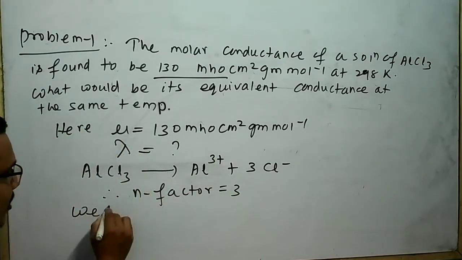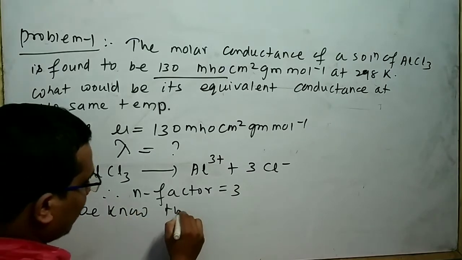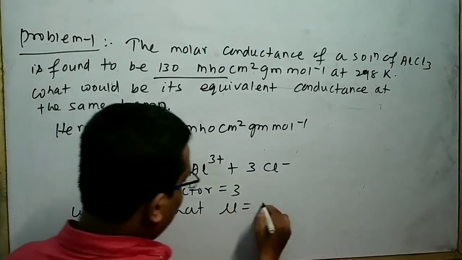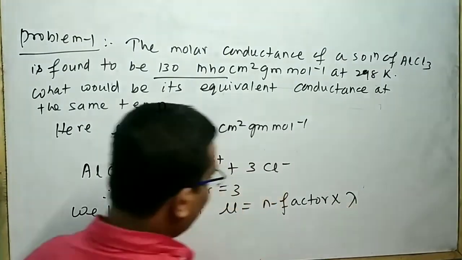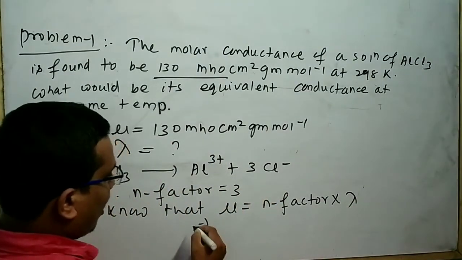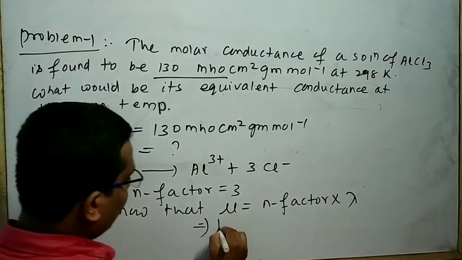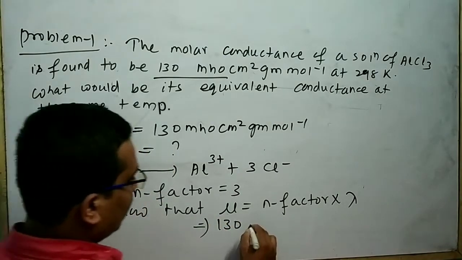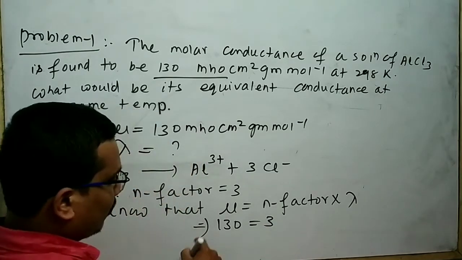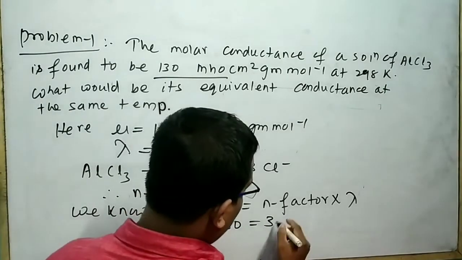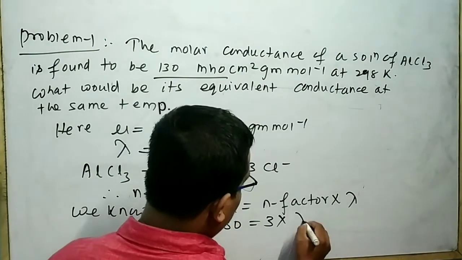We know that mu equal to n factor into equivalent conductance. Now here mu is given, that is 130 equal to n factor, which is 3, into lambda.